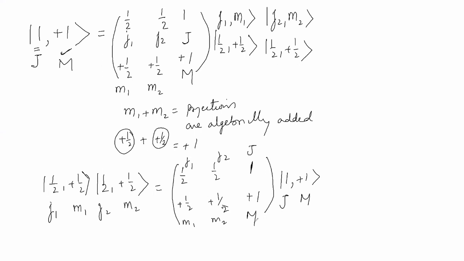What I am telling you is that I have been given two objects and we have been asked to combine these two objects to get the net angular momentum or net isospin or net spin of the particle. How are we combining the two systems?